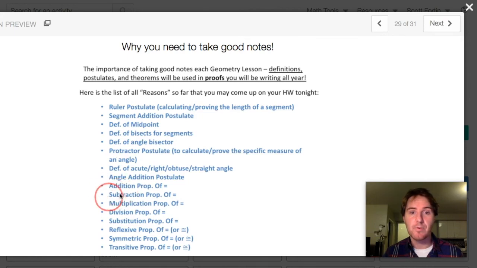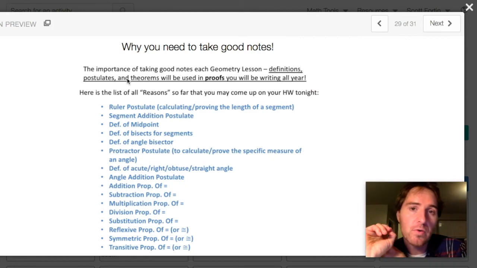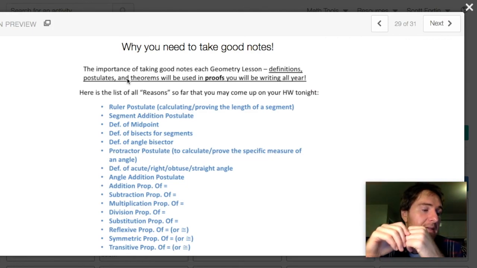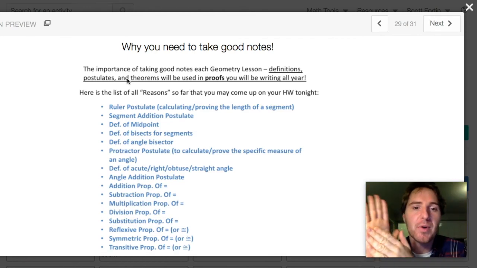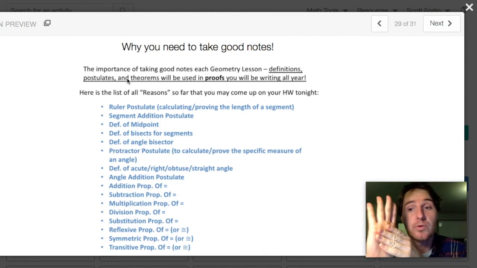What is the subtraction property of equality? When you have a situation where things are being subtracted, it might be the subtraction property. It might be something different. So there's a lot of stuff already, guys. One thing that I like to say, the math standard that's sort of biggest in geometry is being organized. We have a whole standard around being organized. I forget the exact wording of it, but organization is super important.